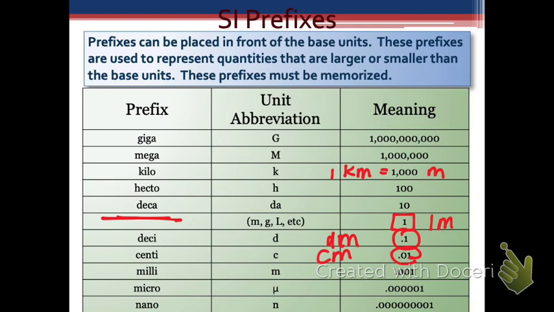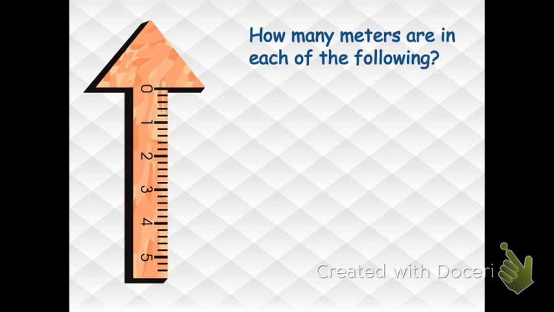Do we see how that works out? Okay. So let's go ahead and answer some questions here using meters. Those prefixes can apply to any of the units, meters or grams or liters or whatever it might be, right? Those prefixes apply across the board, not just to meters. But we're going to practice here with meters.